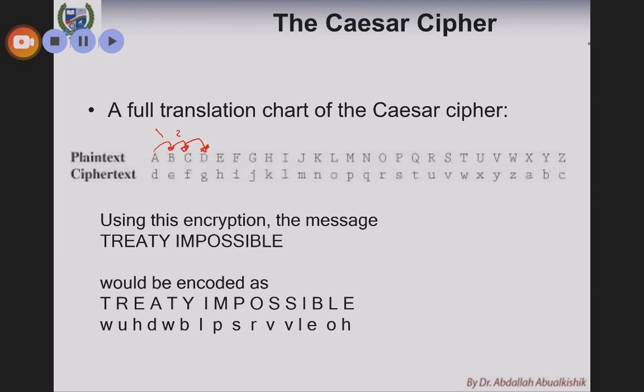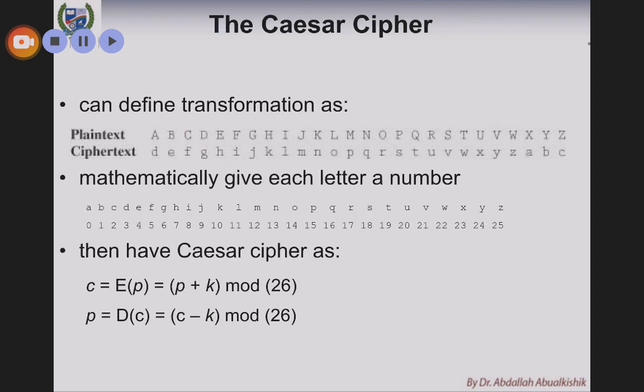So the A will convert to D. The B also should be shifted 3: 1, 2, 3.